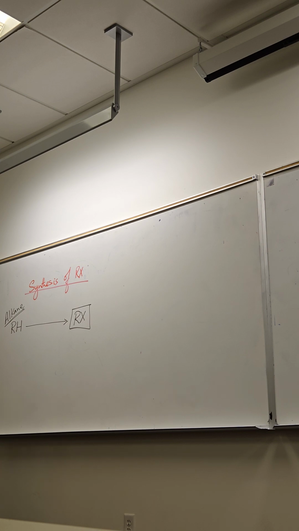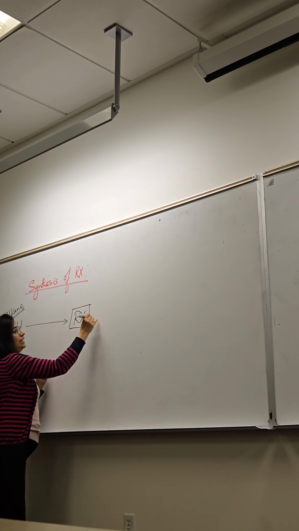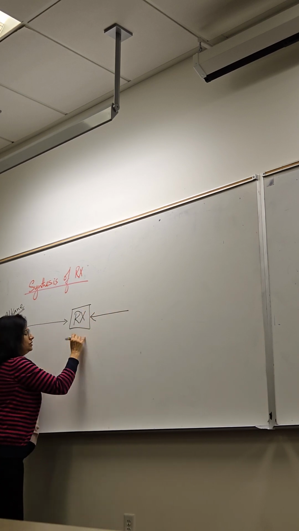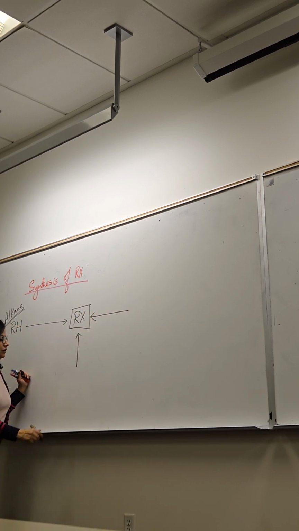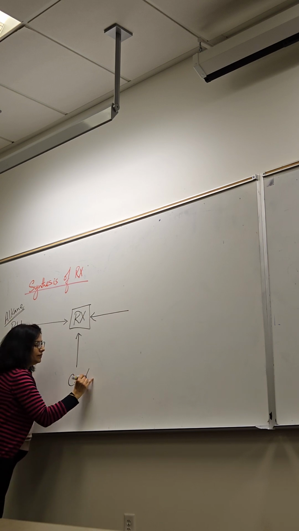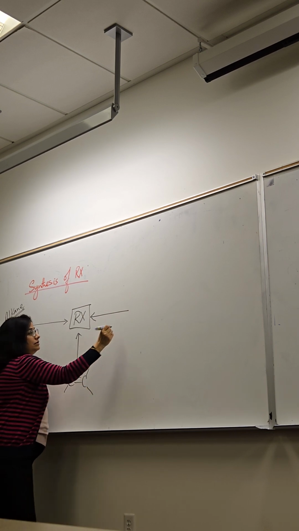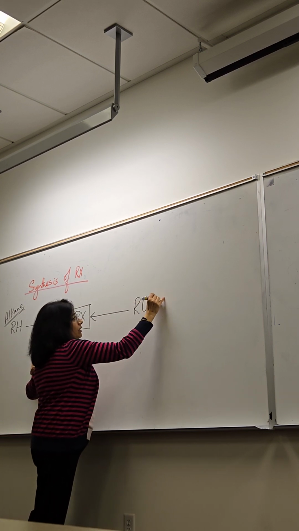In chapter 10, we will look at this reaction in detail, the mechanism and how and why. So that is one of the ways of making an alkyl halide. Another way is actually 2 others, I would say. One is from an alkene and another is from an alcohol.